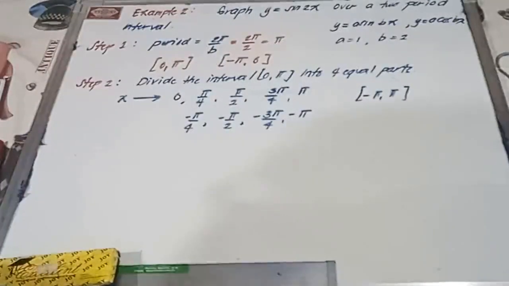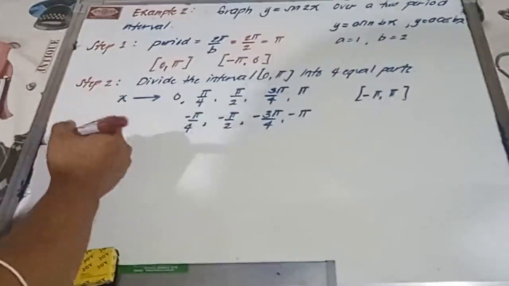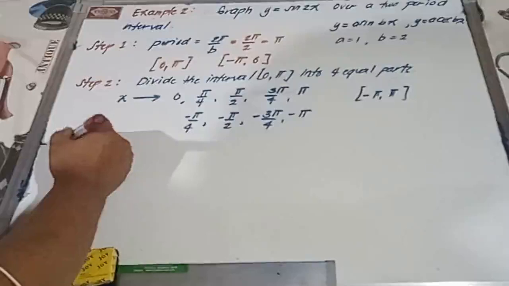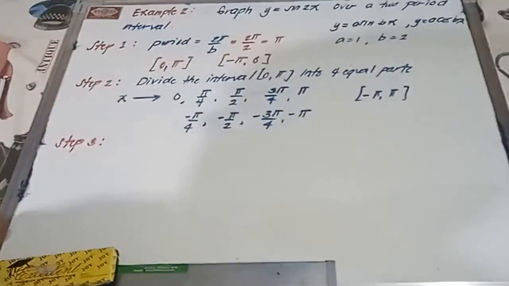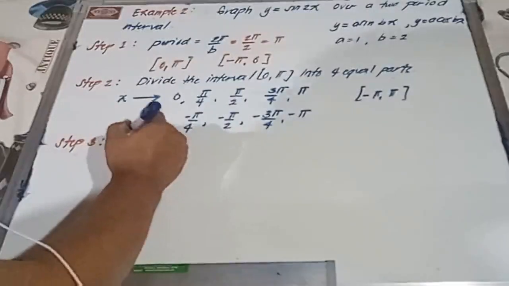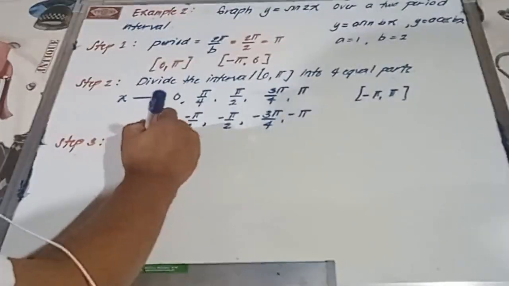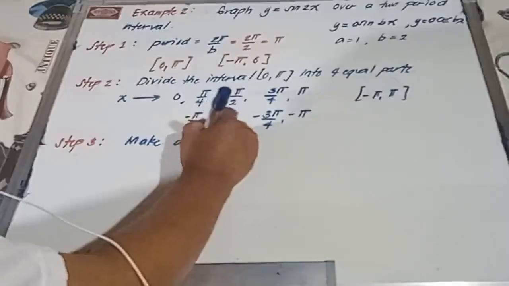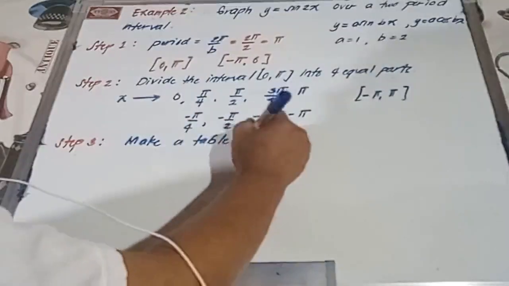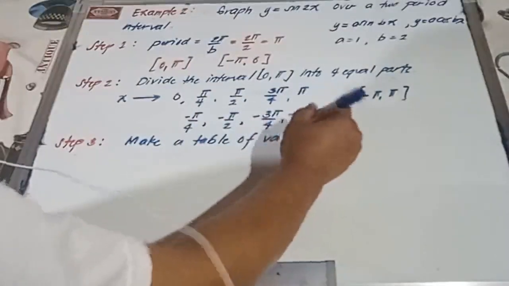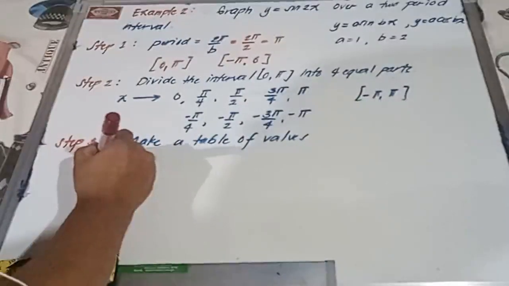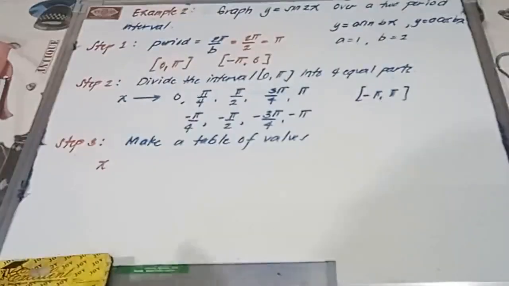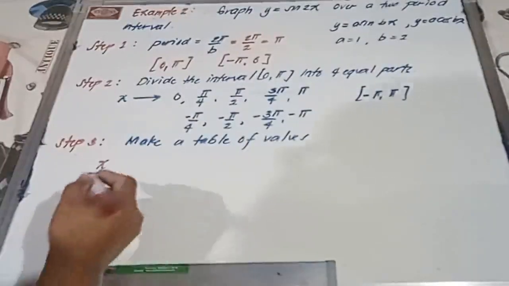Okay? Next step is make a table of values. So, we have the x-axis. Okay, lagay muna natin dito yung 2x.